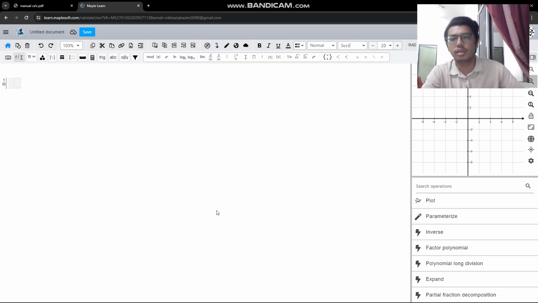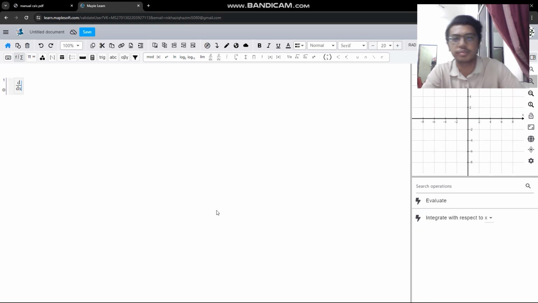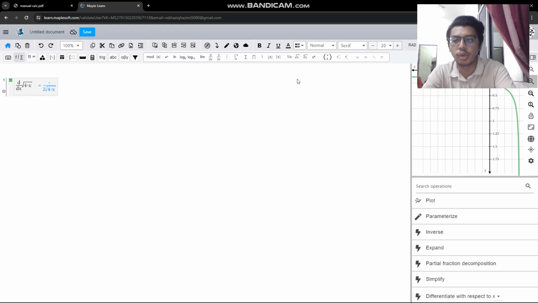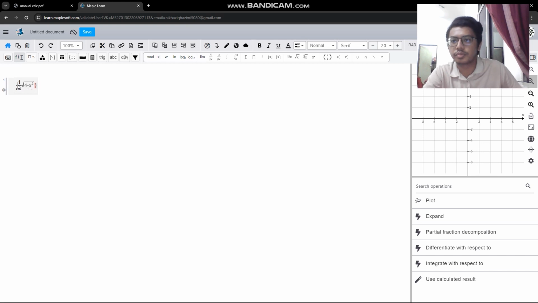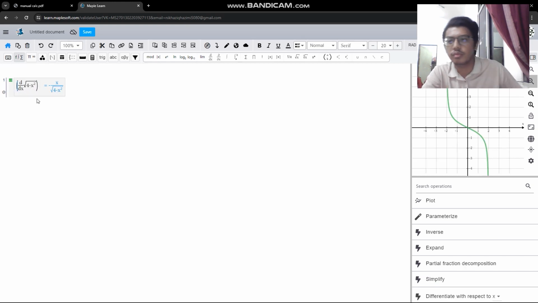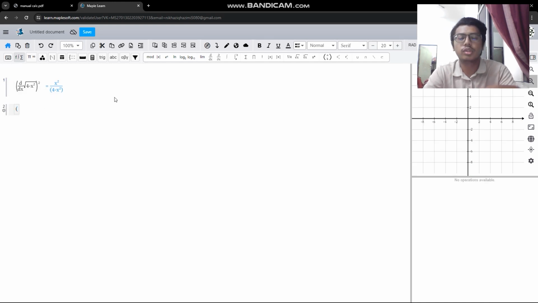First we need to differentiate z in terms of x. So we insert d over dx of square root of 4 minus x squared to the power of 2. Then we get x squared divided by 4 minus x squared. We repeat the same process in terms of y.